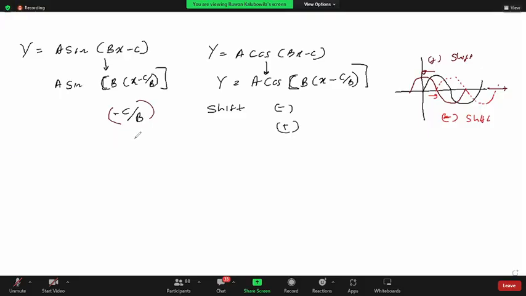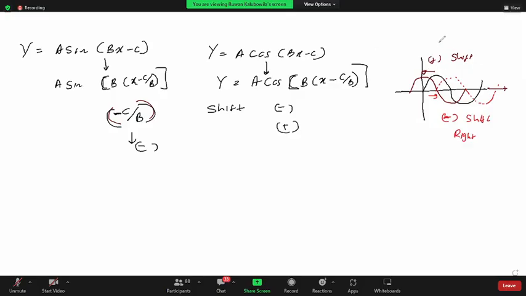Let's do an example. Also, you have to write this properly: minus C over B. If the value is negative, it means this has a right shift.